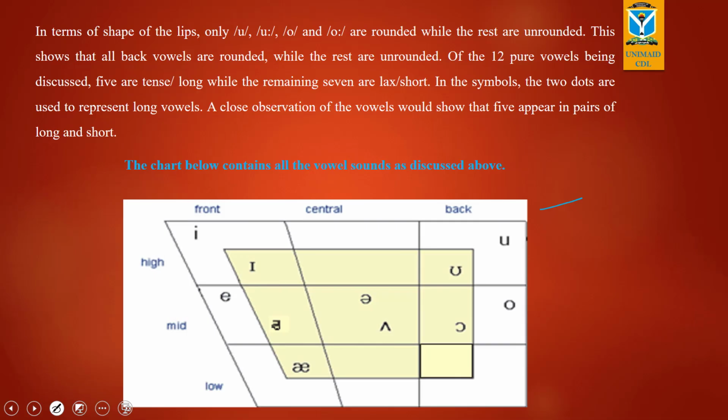For instance, if you have a vowel with 2 dots, then you have its long counterpart. That tells you the first is realized shorter than the latter, which is realized longer.